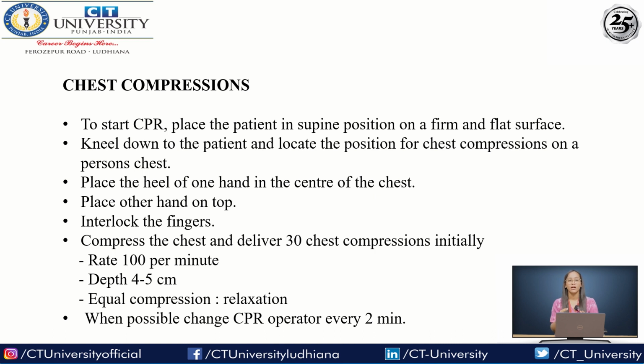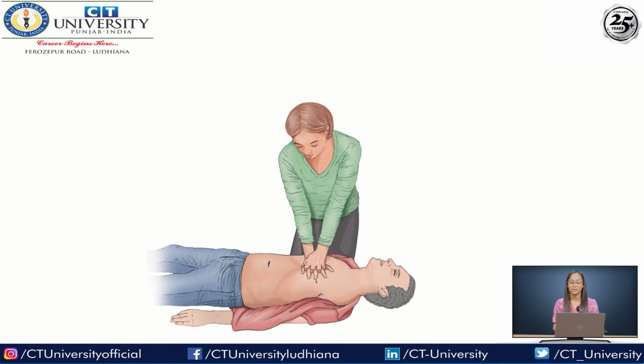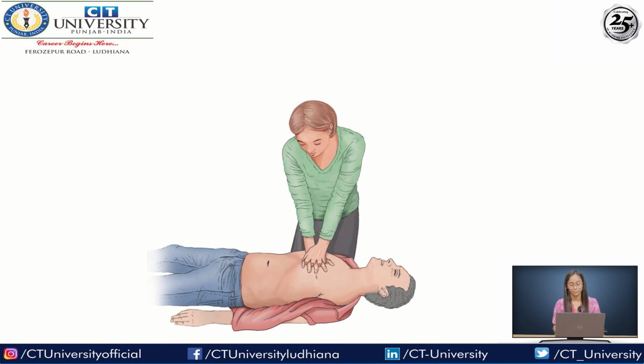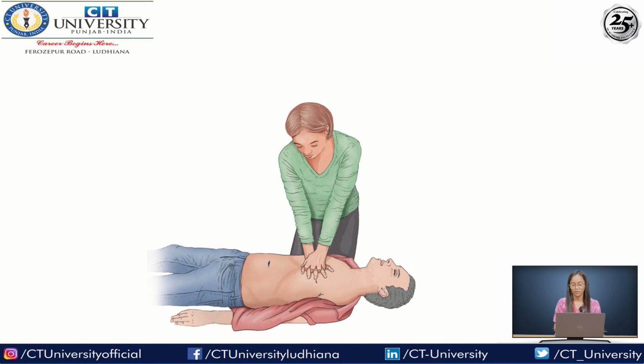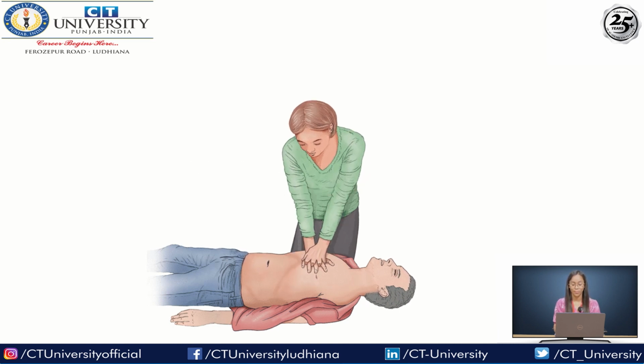So approximately rate should be 100 to 120 per minute, and depth should be around 4 to 5 centimeter, and you have to deliver 30 chest compressions. So equal compression and relaxation should be there. And when possible, change the CPR operator every 2 minutes if someone is around to help. So like this, we will give the chest compressions.